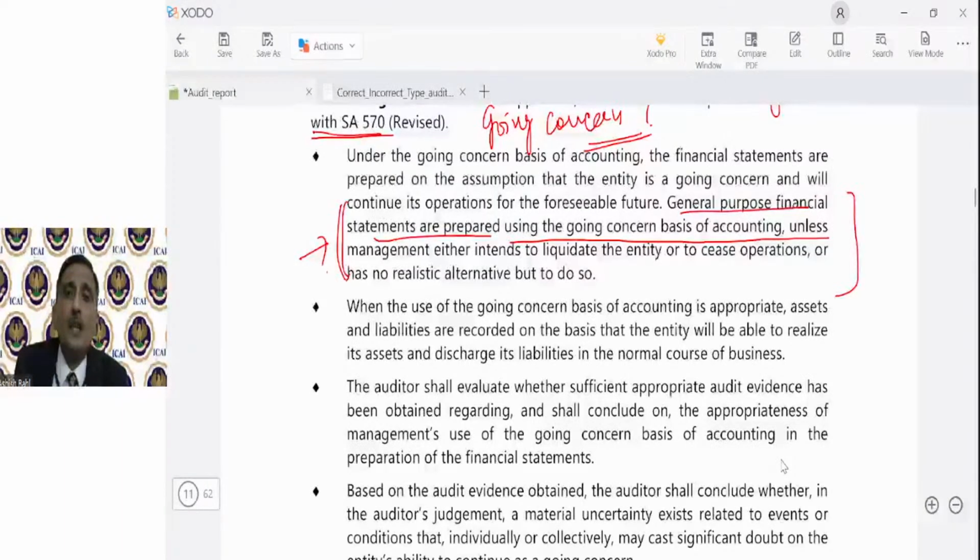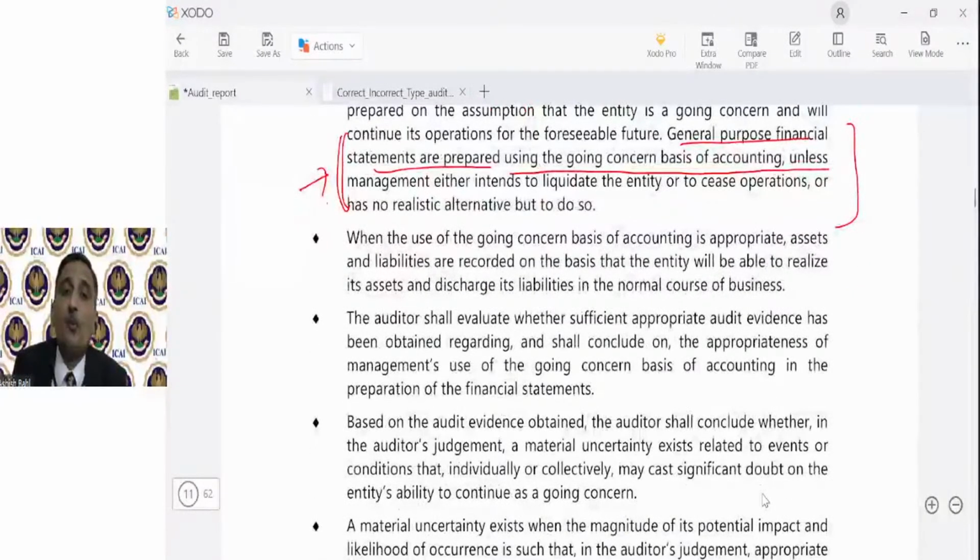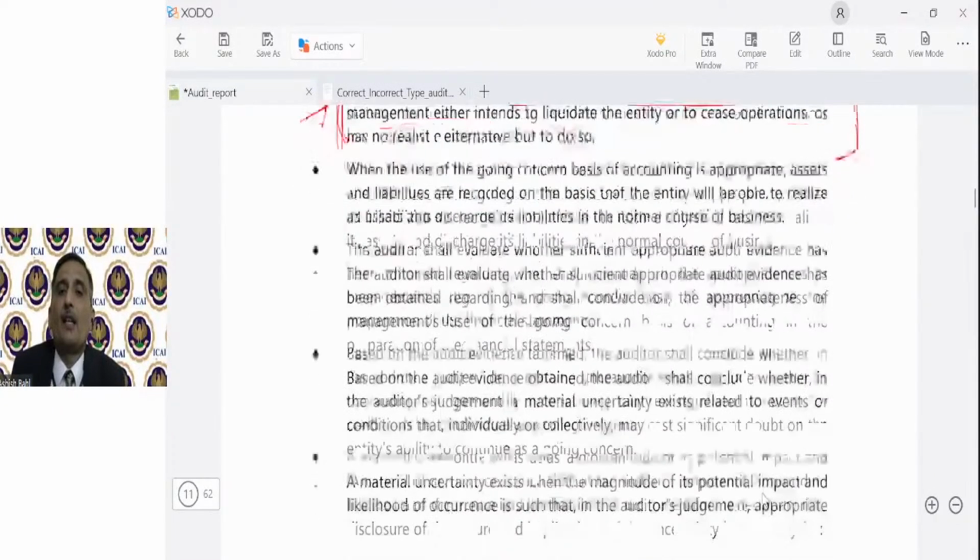But the auditor has to assess whether the going concern assumption is correct or not. Say last year the company's turnover was 50 crores. Now the company's turnover is 1 crore. So what has happened? Whether the company has sold its plant and machinery, whether it is going to wind up its business, whether it was proper to prepare accounts on going concern basis. These things have to be evaluated by the auditor.